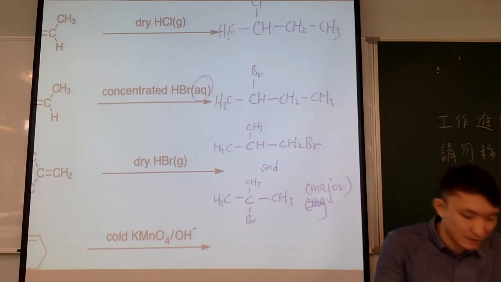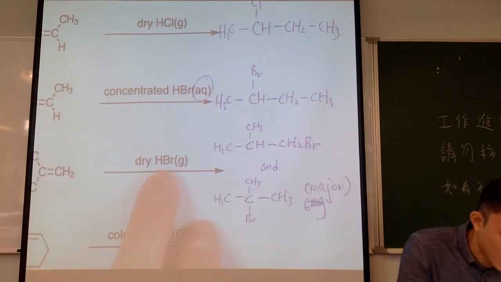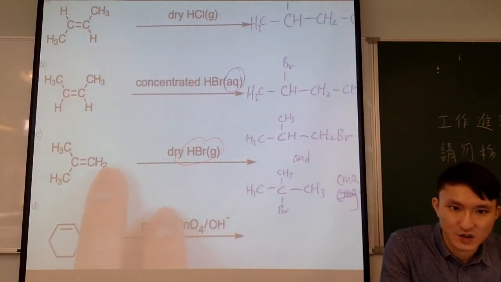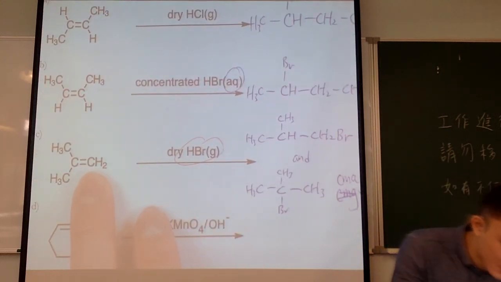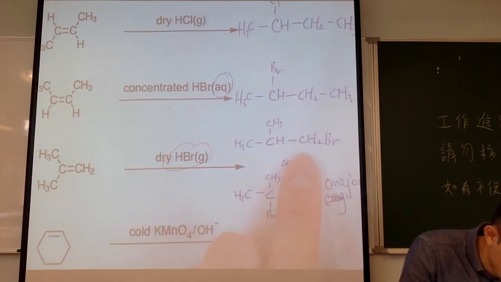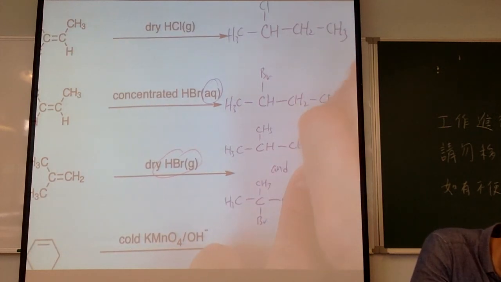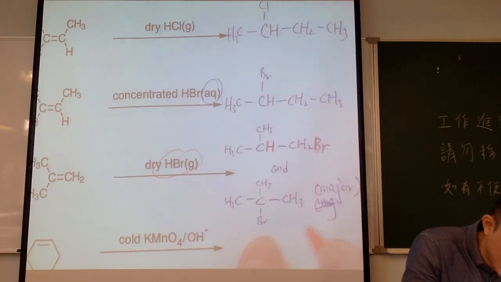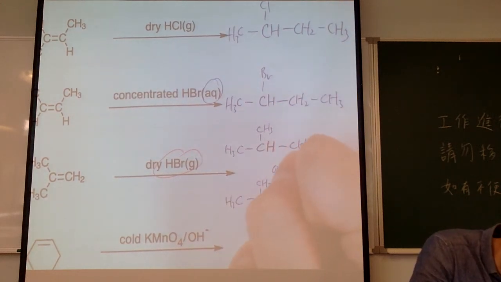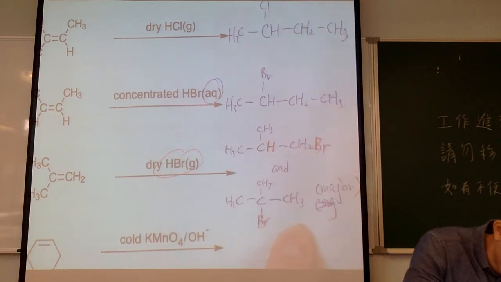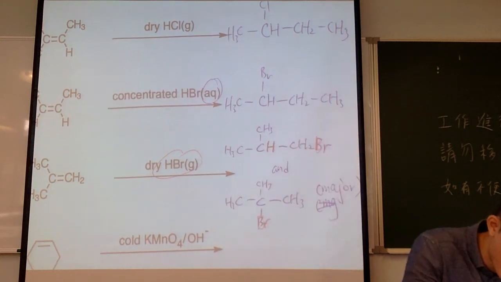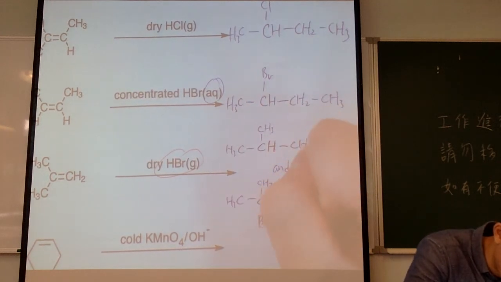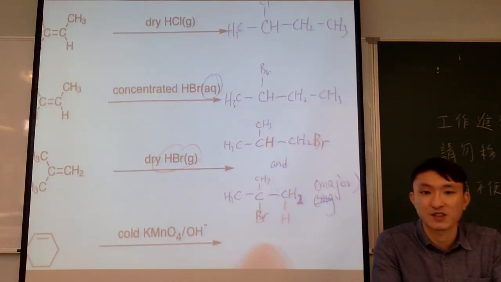Now, if you cannot really follow, you can think about the HBr as red in color. When you add it across this double bond, in this case the Br is added in here and the H is added in here. In the other case, the Br is added to here, and one of the H's is added here, across the double bond.